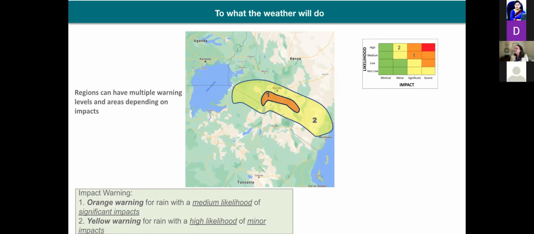And they correspond to the impact matrix, which is further here to the right, which is showing you both the impact and the likelihood. So for instance, area 1, which is an orange, corresponds to a significant impact with a medium chance of happening, whereas the area in yellow has a high likelihood of happening, but would have more minor impacts associated with it.